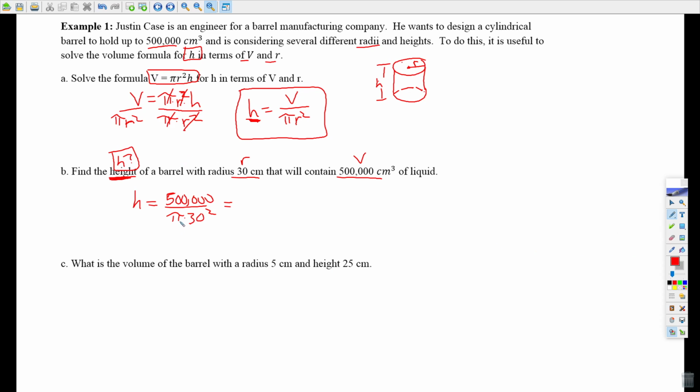We're going to do the bottom part, which is pi times 30 squared. If you want to use 3.14, which is what I'm going to use for pi, I'm going to do that times. So 30 times 30 times 3.14 is what I'm going to do, which is 2,826.